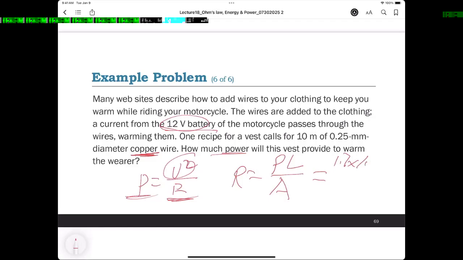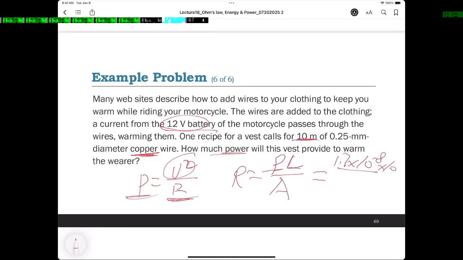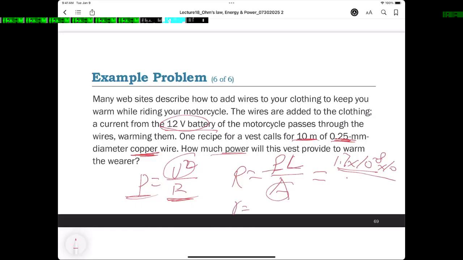1.7 times 10 to the minus 8 ohm meters. This value is just for this copper wire, and the length we know is 10 meters. And then the area: because the diameter is 1.25, which means the radius equals 0.125, and then the area is pi r squared.